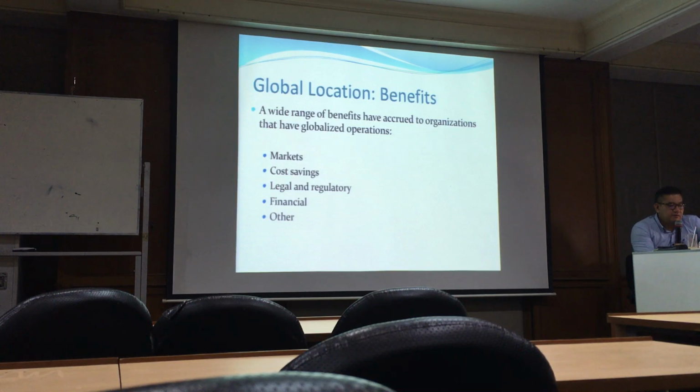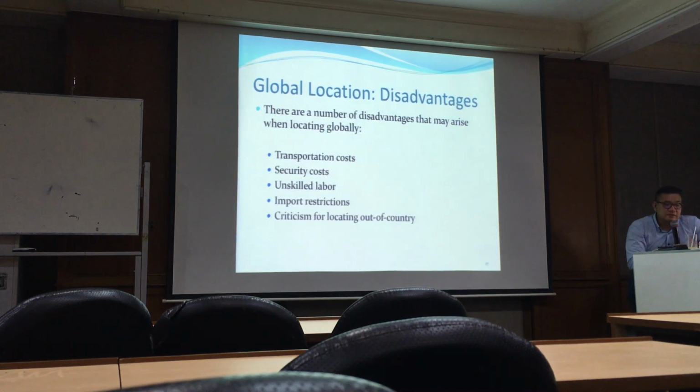And for these advantages, we also have disadvantages as well. It might be raised in the case of the transportation cost, because in some countries the area that you want to select to set up as a location might be far, right?